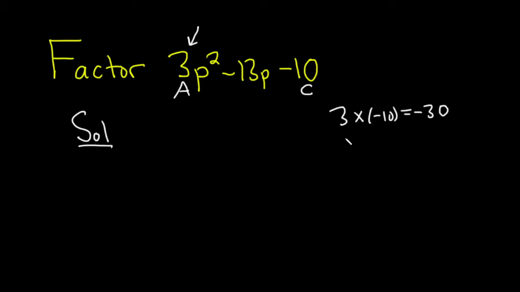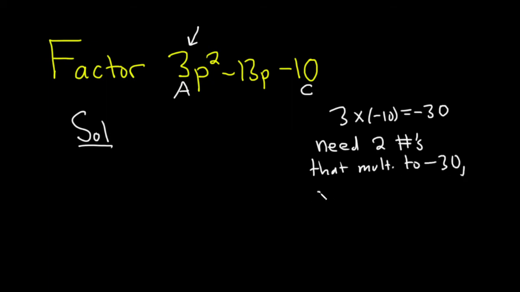And then what you want to ask yourself is the following. When you're first learning this, it helps to write it down. So you need two numbers that multiply to negative 30, and they add to the middle term here, so negative 13.